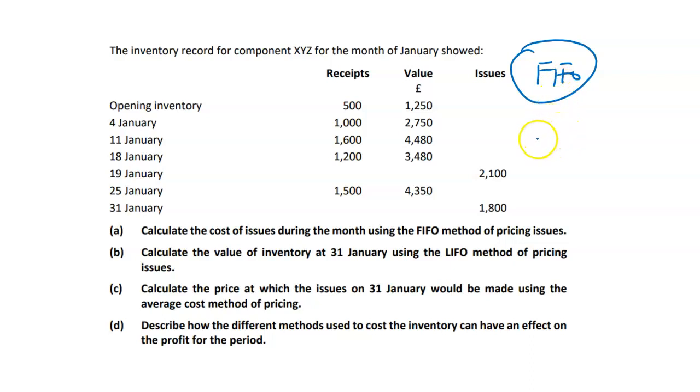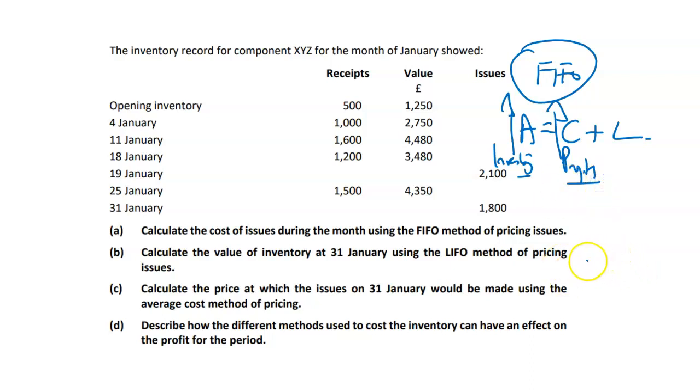Let's be theoretical about this: it's an A equals C plus L scenario. Inventory is an asset, and if the value of the asset goes up, the value of capital goes up via profits.